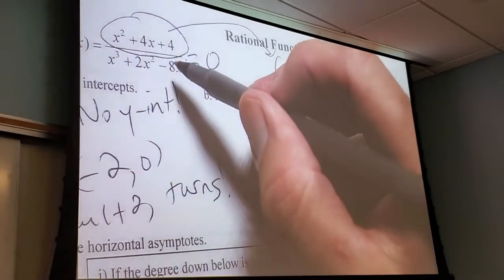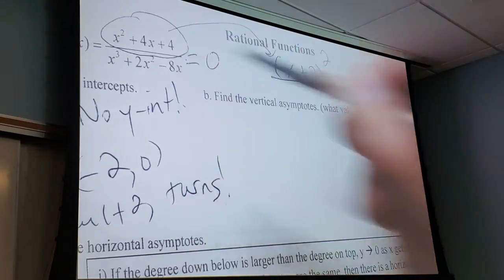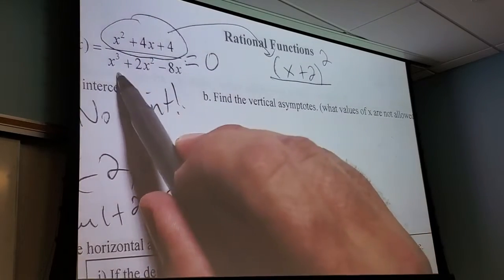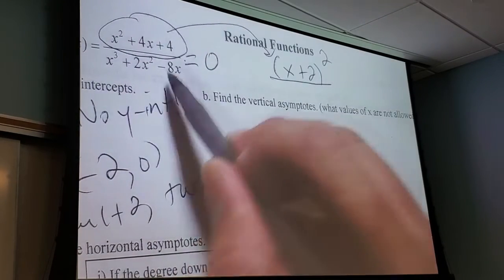This is a division problem, right? Can't divide by, say again? The denominator can't be 0. So if I factor the bottom, I can see all the things that I can't use, right? Does anyone see how to factor this? Yeah, take out an x.